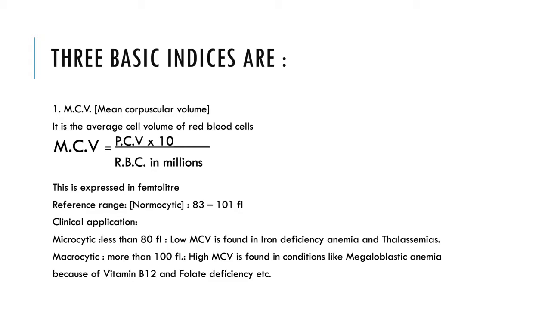You already have the PCV value from our last class, and you have already learned the RBC counting mechanism. So if we put those two values in this equation, you will get the value of MCV.